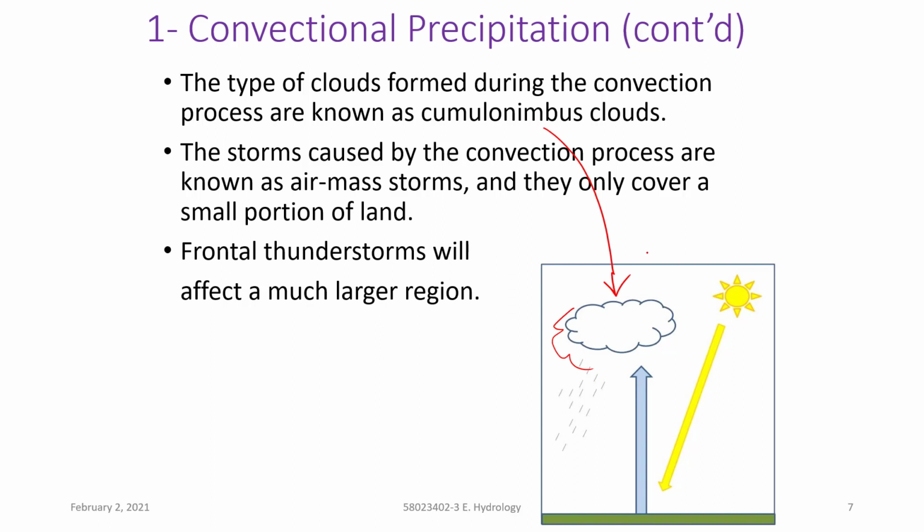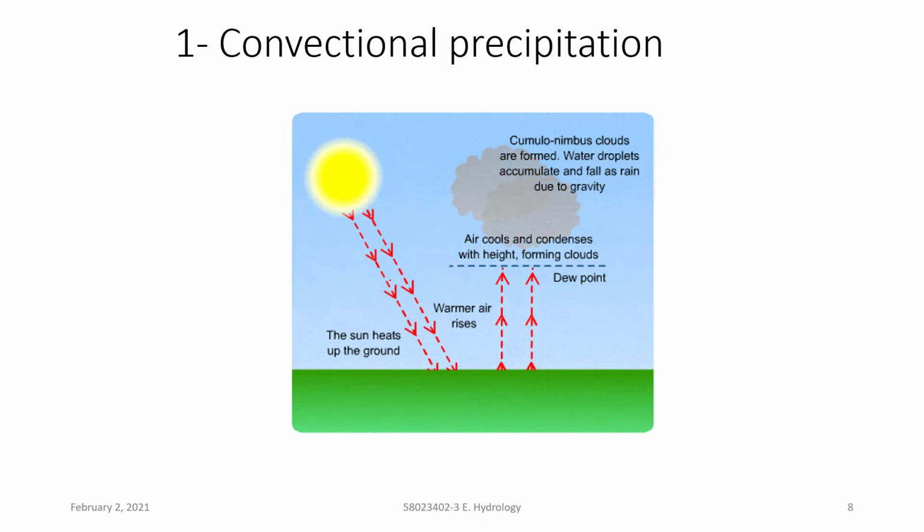The storms caused by the convection process are known as air mass storms, and they only cover a small portion of land because most of them have vertical movement, and frontal thunderstorms will affect a much larger region because they have the ability to move in the lateral direction, in the horizontal direction.